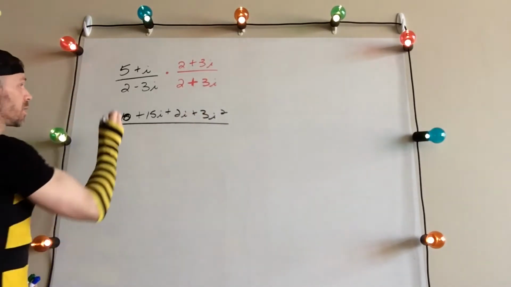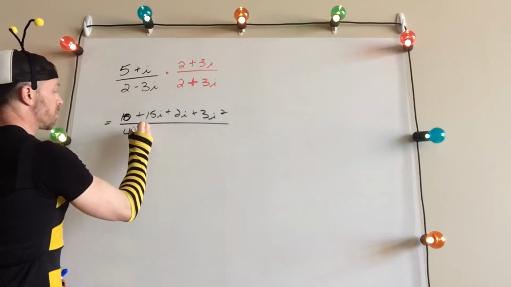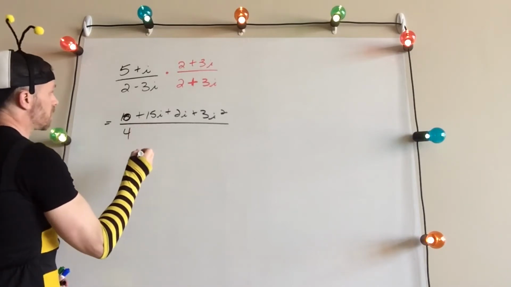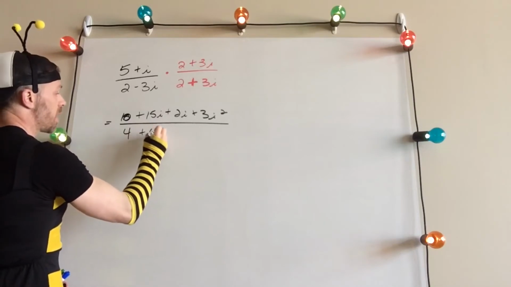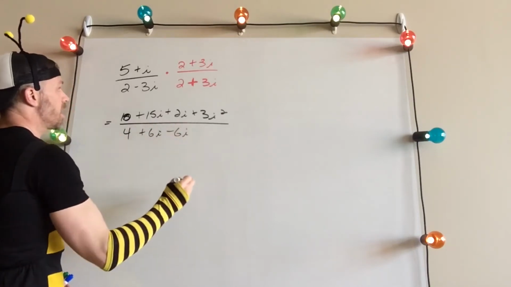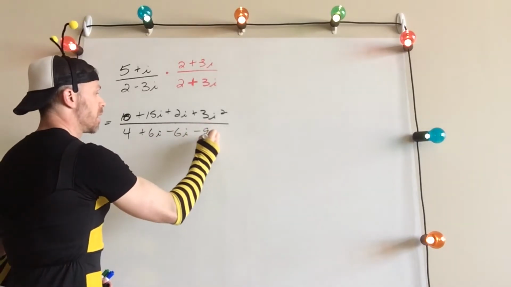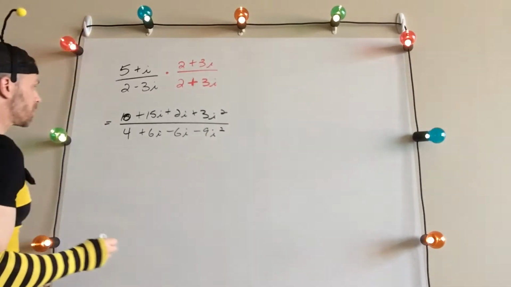When we FOIL down low, 2 times 2 is 4. Outer, 2 times positive 3i becomes 6i. Inner, negative 3i times 2, negative 6i. And then the last, negative 3i times positive 3i, negative 9i squared.